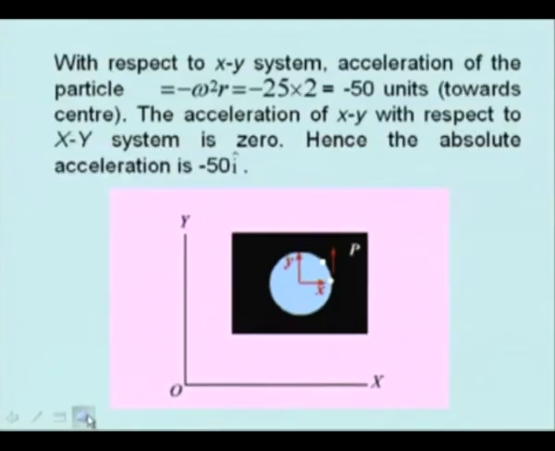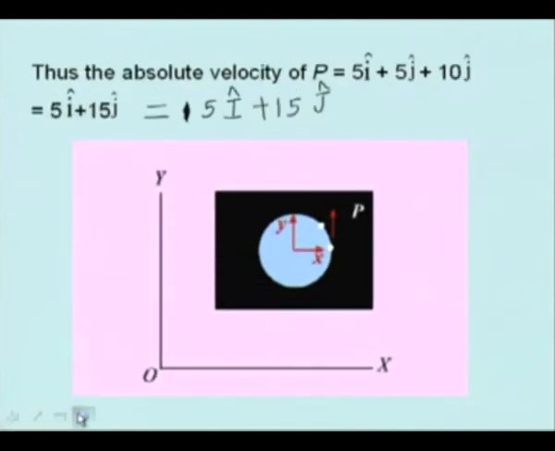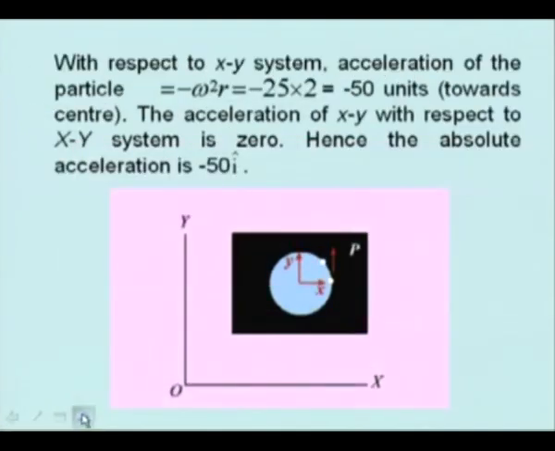Now we discuss the acceleration of the particle. With respect to the xy system, that means with respect to the moving coordinate system, the acceleration of the particle is equal to minus omega square r. I have used the minus sign because at the moment it is directed towards the negative x direction.